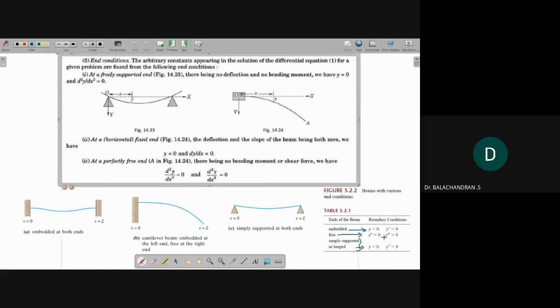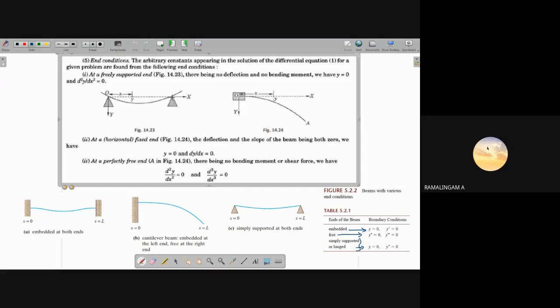Y double dash, Y triple dash, if it is free, free means like this, that is called a free end. But I told that freely supported means like this.